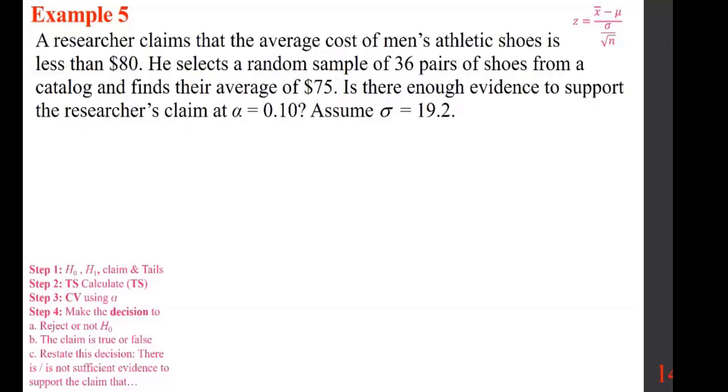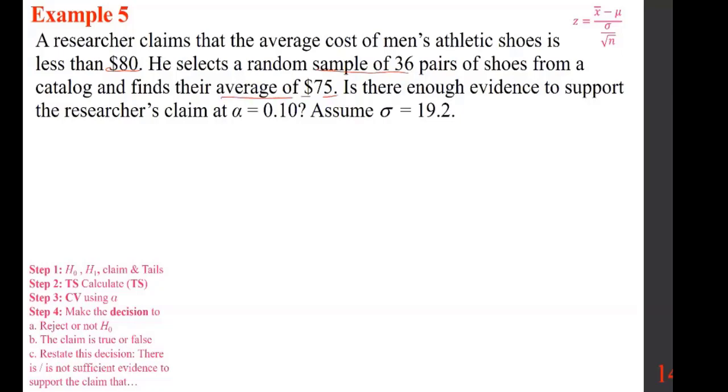It's just the given that I hope everybody can write. This is the most important part. Can I write the given when I come across a question like that? So we are checking when it's less than that, that means mu must be 80. This is the sample size n. Now for those 36 pairs of shoes, the average was 75.